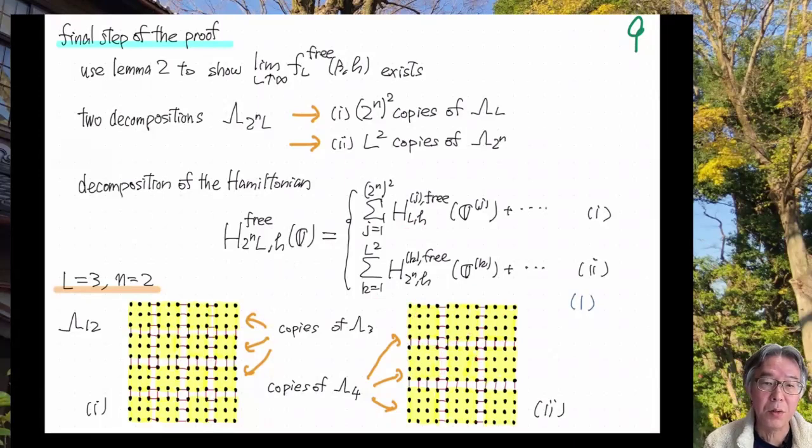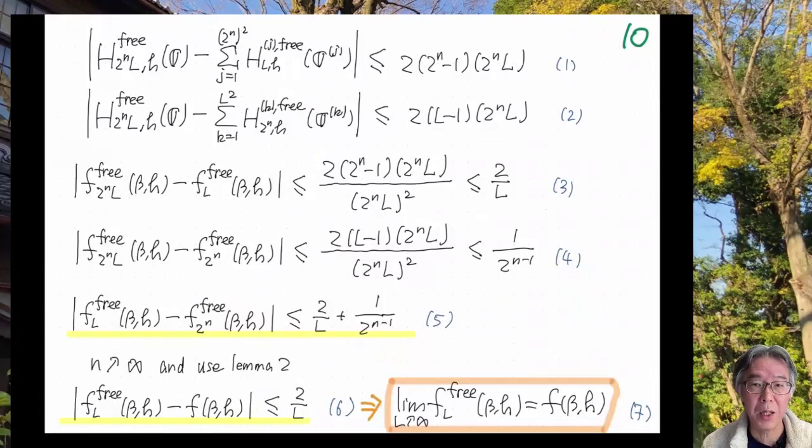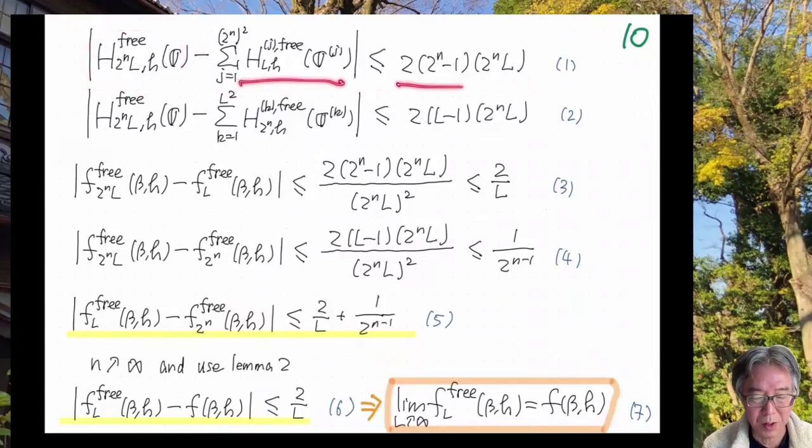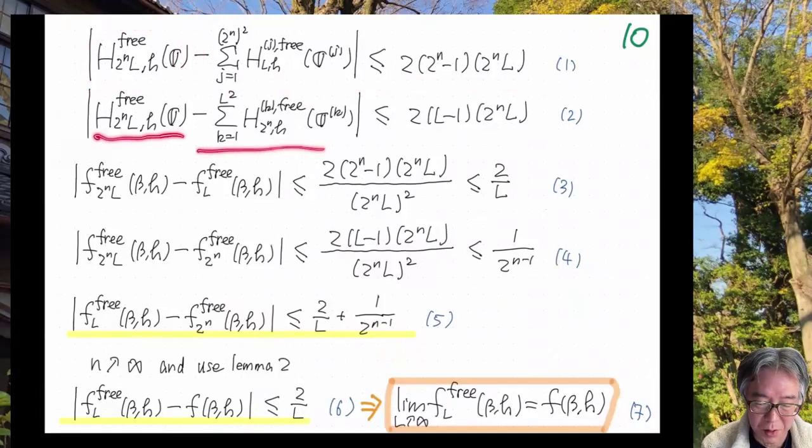Then again, we do this worst case estimate for any spin configuration sigma. So this is for the first decomposition. The difference between the Hamiltonian for the largest lattice and this decomposition is this. Please believe me, or please check this carefully. Probably I'm wrong, so then let me know. And then for the second decomposition, you get this.